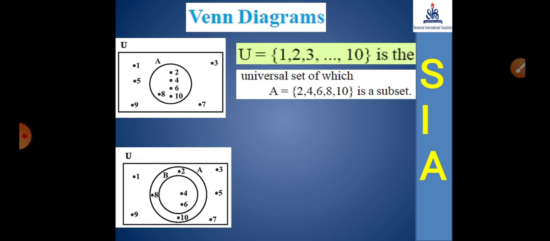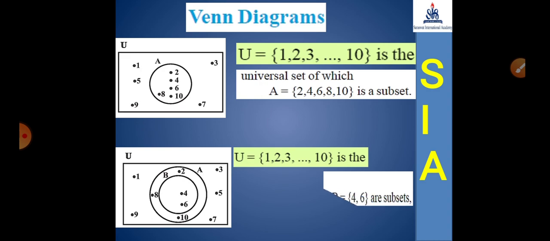Universal set U. Here set A and set B are two given sets. Same as before, universal set U means every element belonging in this box is called the universal set, and here also 1, 2, 3 up to 10 are given. But this time the elements of set A and set B are different, according to the values in your box.